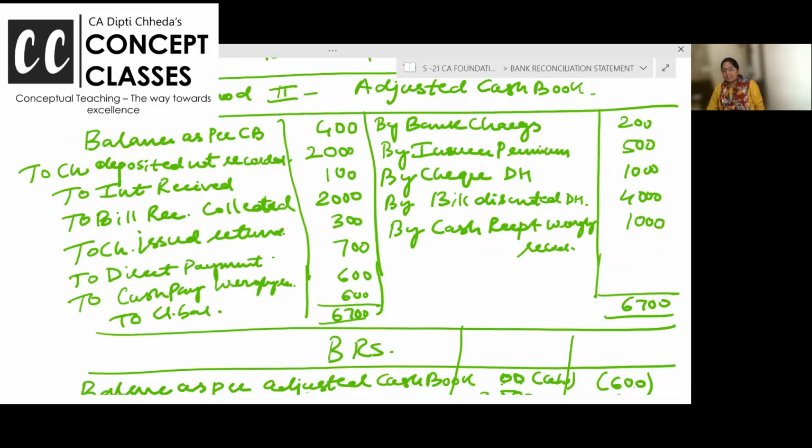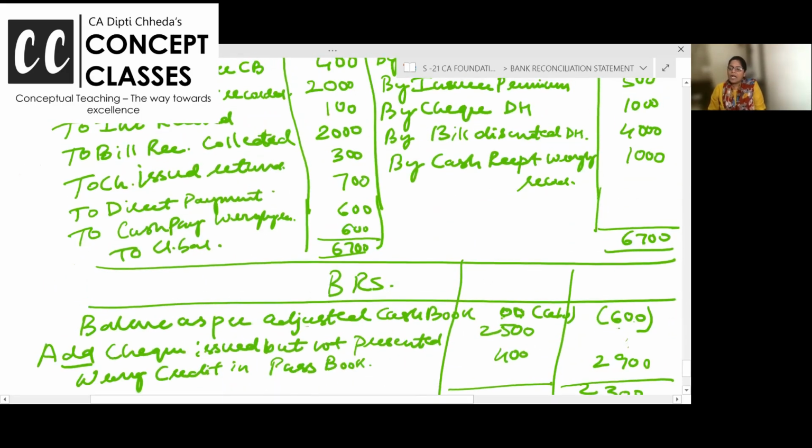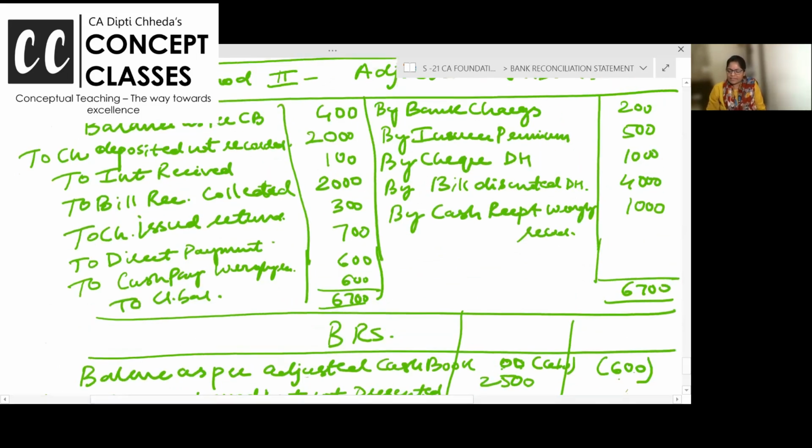Will you do 11th problem by first method at home? Yes. First method से करेंगे. All this is to add 2400 and 400. And along with that, all this will also come in the BRS, debit side.